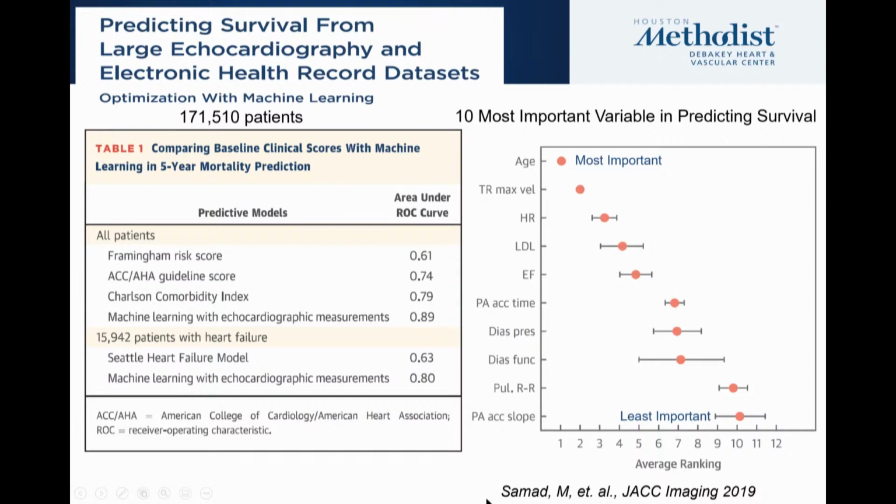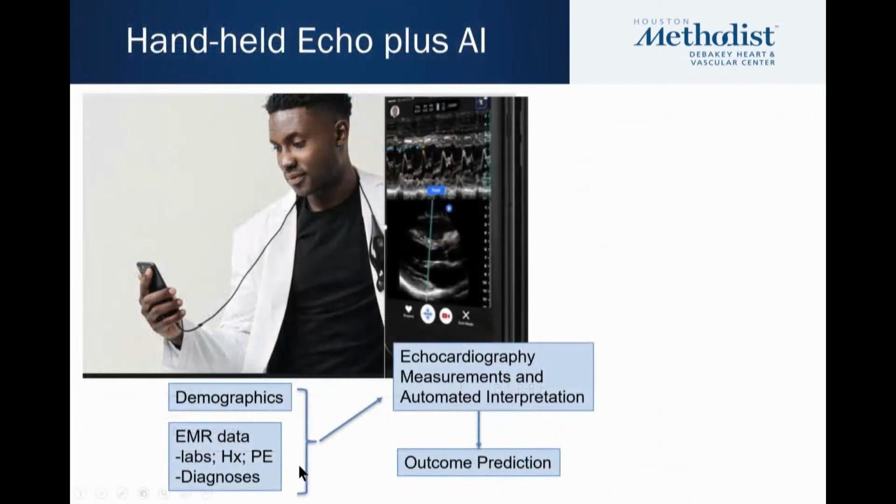And in this paper by Zamat, they look at over 170,000 patients, not 10 or 15, a huge number of patients, and apply the technology. And they could see that in all patients, machine learning with echo measurements and using data from the EMR had an ROC of 0.89 for prediction of mortality in 5 years. That's very impressive, very impressive.